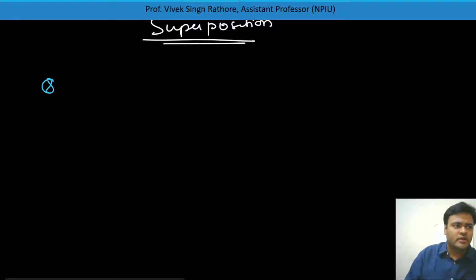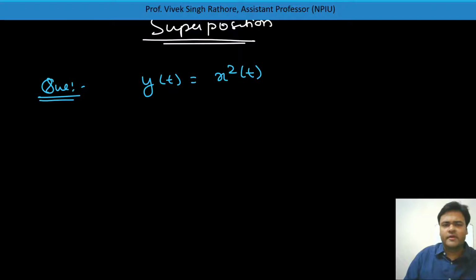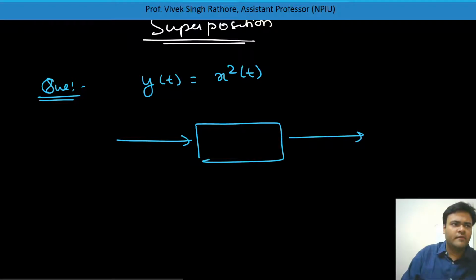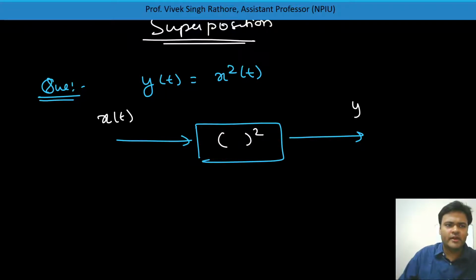Let's suppose y(t) is equal to x squared(t). Okay, y(t) is equal to x squared(t). Now see, if in a system we are giving input as x(t), it is just squaring the input, so we are getting output y(t) equal to x squared(t).